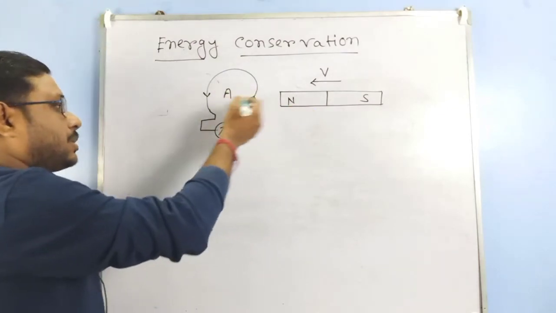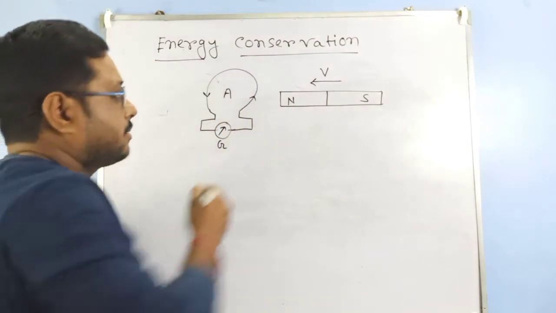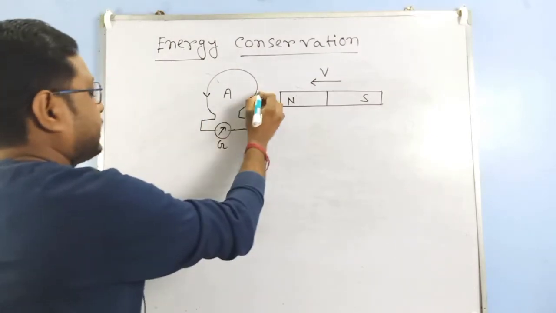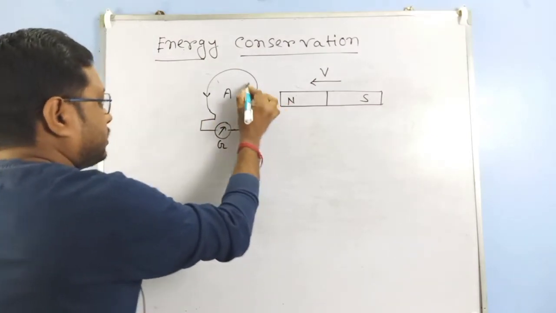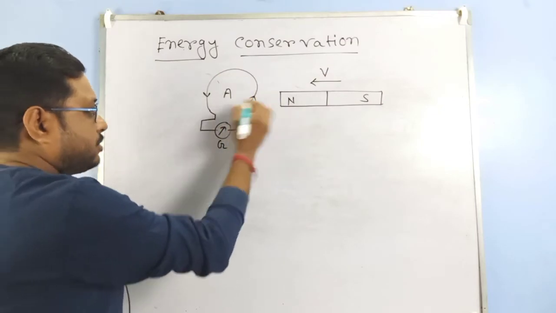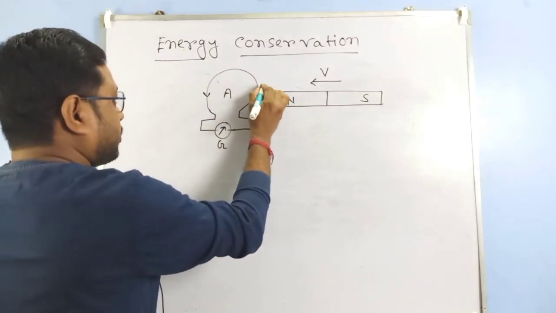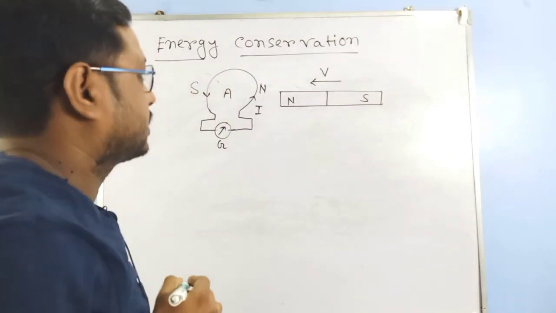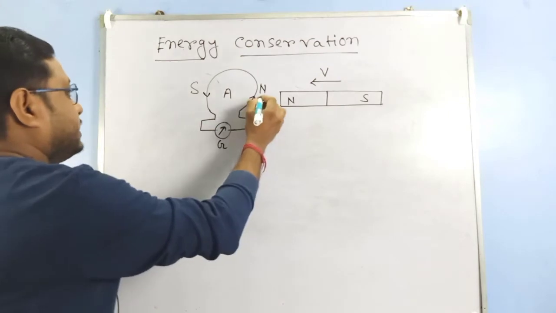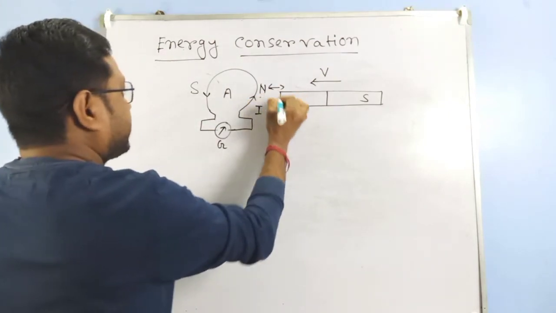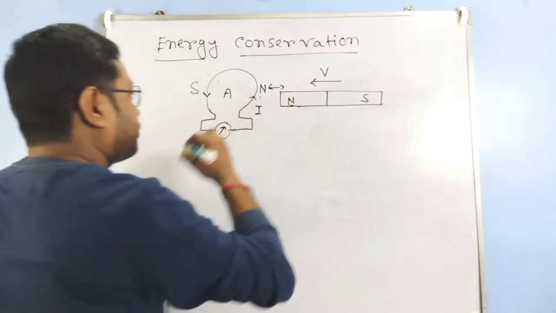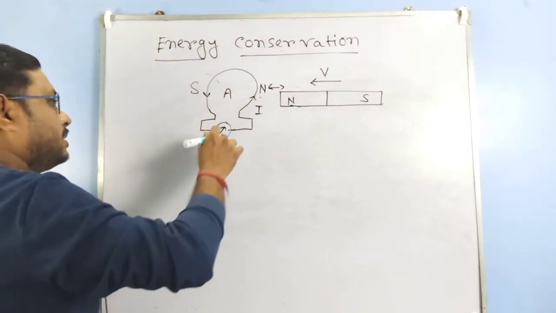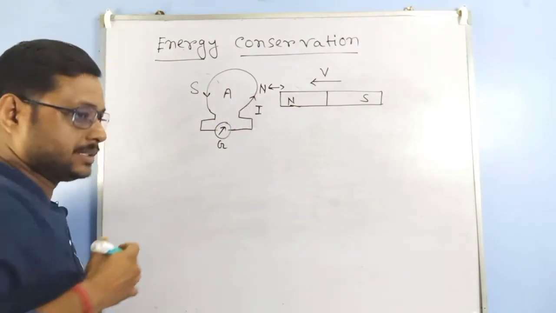If this is moved to the coil, flux will increase, but current I is produced in anti-clockwise direction, so that the side of the circular loop facing towards the magnet gives polarity N and the opposite side gives polarity S. As a result, this N will repel the north pole of the magnet, so that the flux will be decreased.